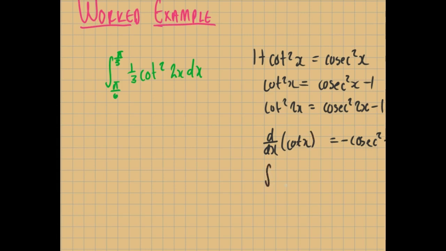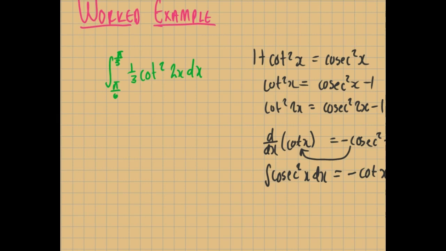Meaning the integral of cosec squared x with respect to x is equal to negative cot x, ignoring the constant of integration, which you don't need here. So be careful there. It's the derivative of cot that gives you cosec squared. So the integral of cosec squared goes back to what you differentiated, and that's cot. But because we are integrating the positive cosec squared, it will be the negative cot.